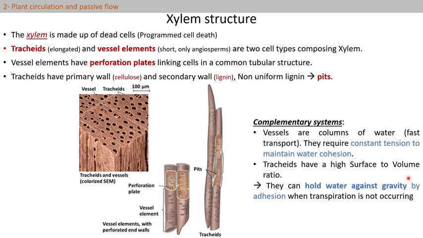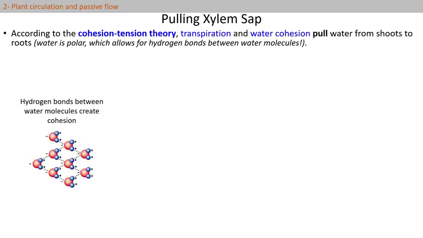So, if I summarize, two types of pipes compose the xylem. One is kind of like the highway, fast, but with difficulty in maintaining water if there's no transpiration. And the other one, the tracheids, hold water against gravity when transpiration is not occurring.